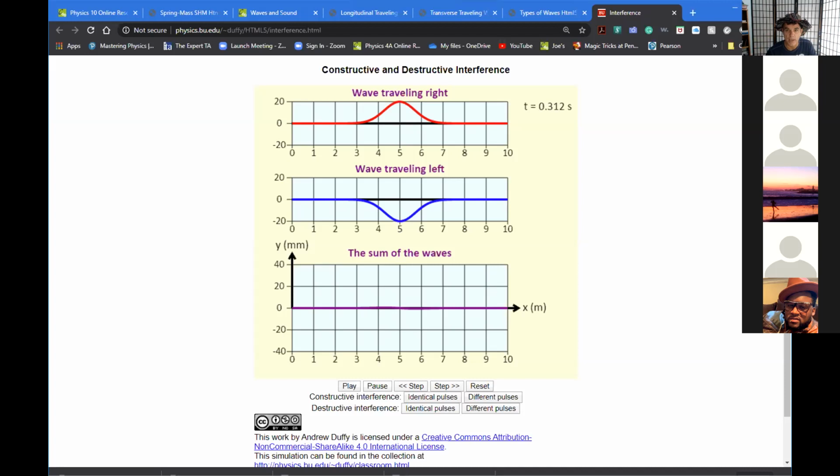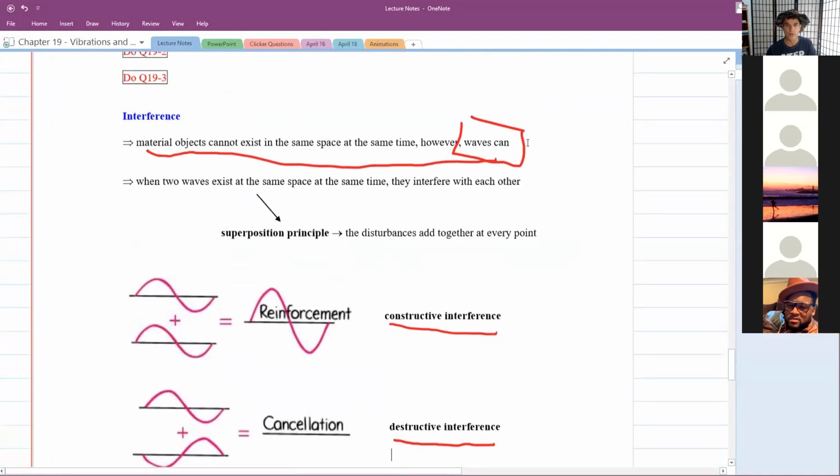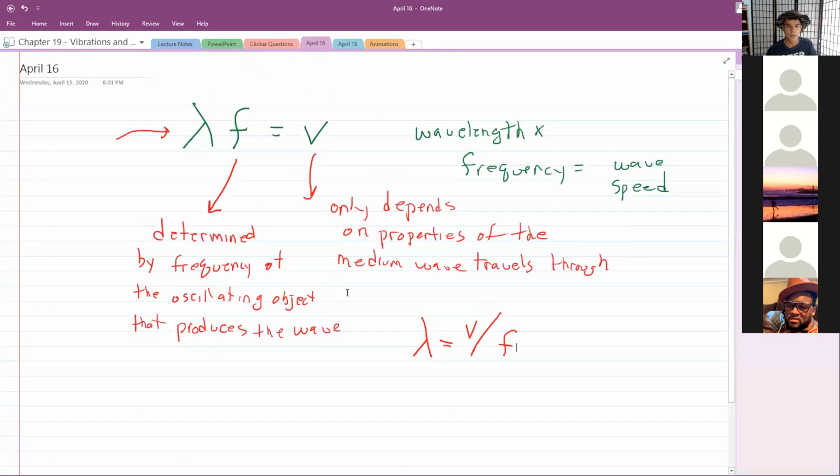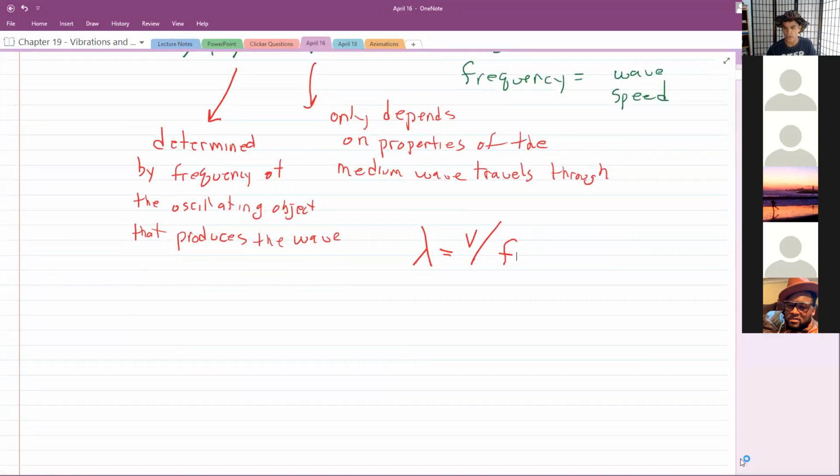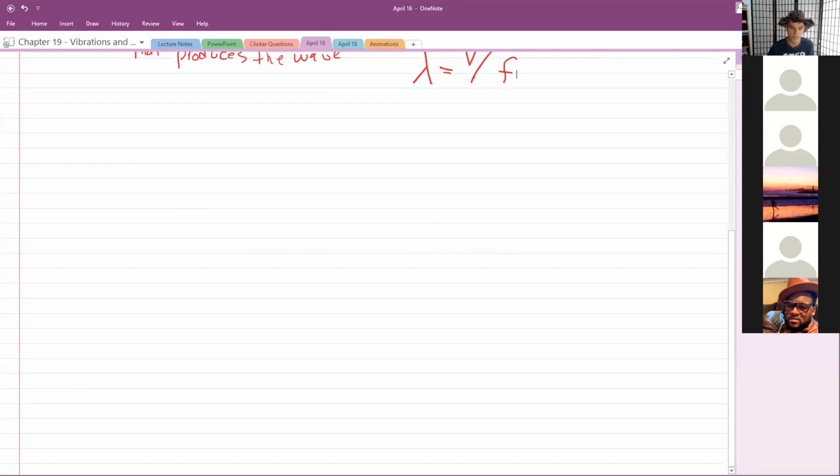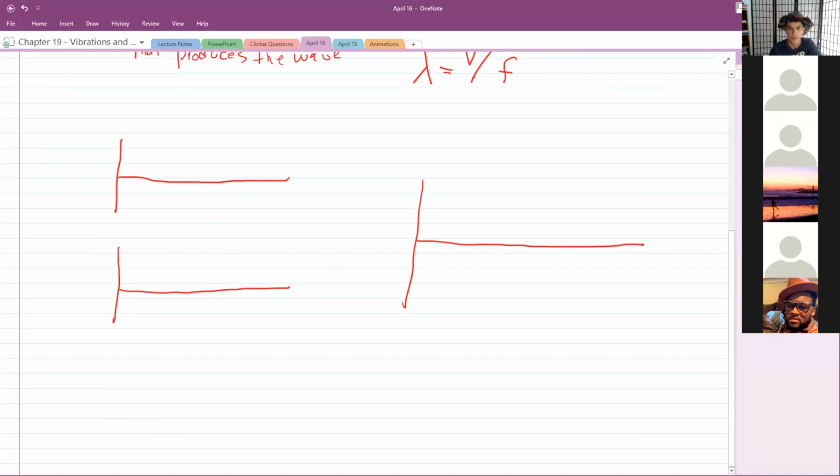So going back to this, let me just go over to here. I have no easy way of drawing two waves at the same place at the same time. But let's just say that I had this wave. So we're going to add these up. And let's do this in a different color.